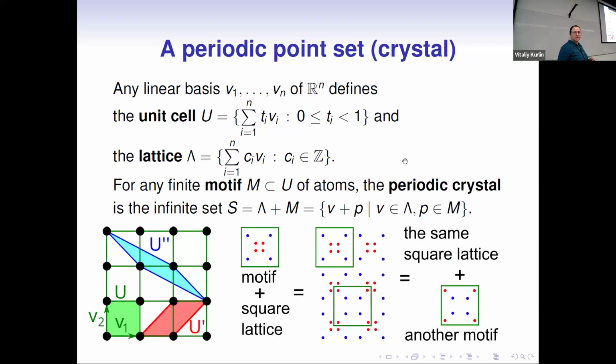Another problem is here. Suppose we decided that we are just dealing with square lattices or anything that resembles square lattices. Great. Now we add some motif. Suppose we added a motif like that, with blue atoms and red atoms. Okay, and we are just dealing with square lattices.